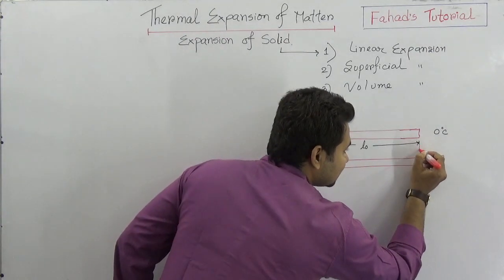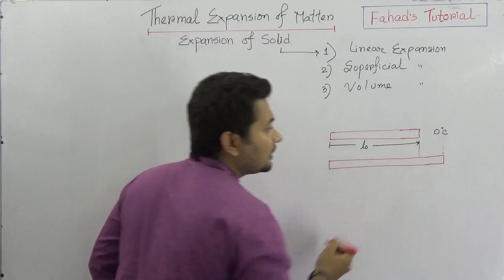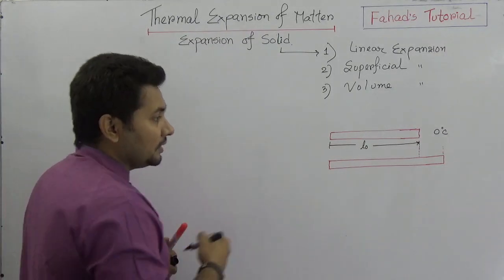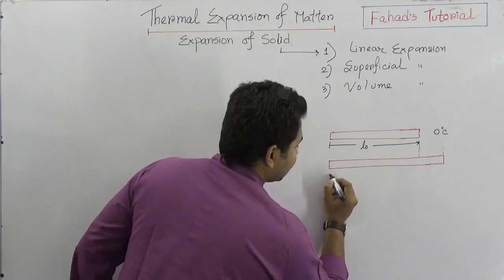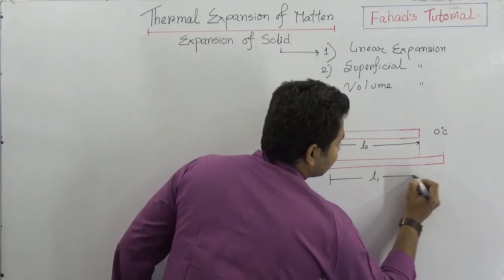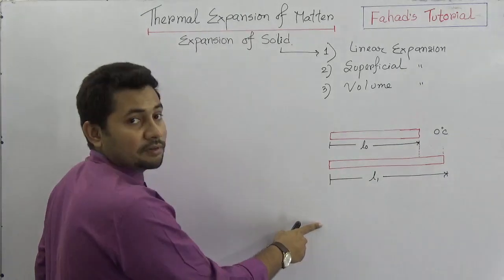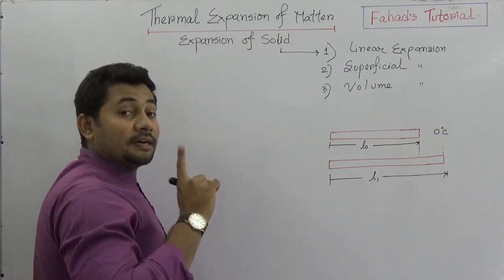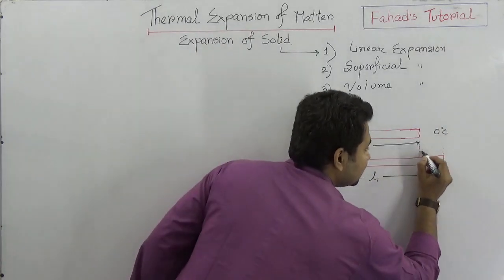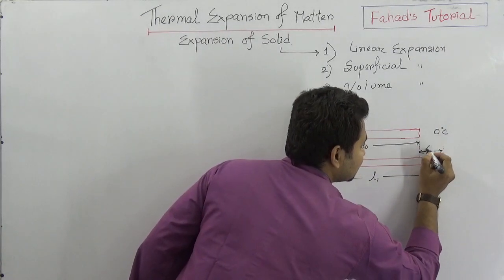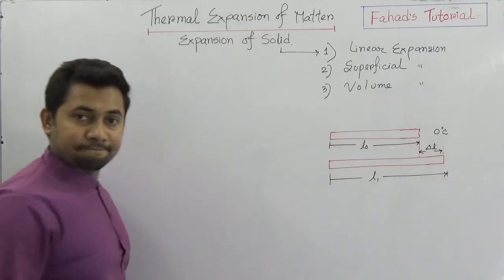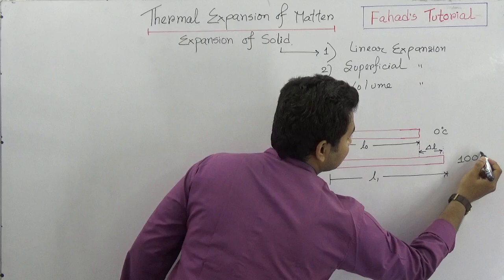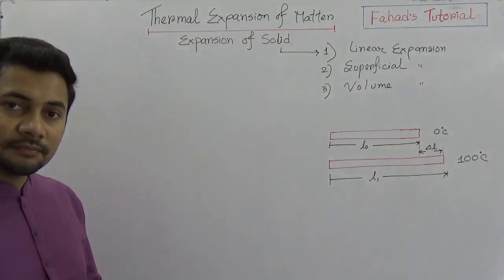So now you can see that from this to this is the increment in length. Let this be L0 and this be L1, whatever. But the concept is, this amount of expansion is known as del L. And the temperature, suppose, is 100 degrees Celsius.